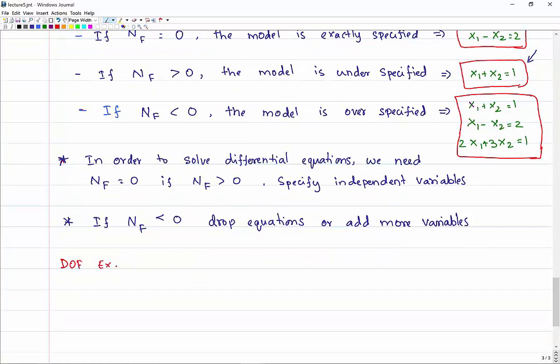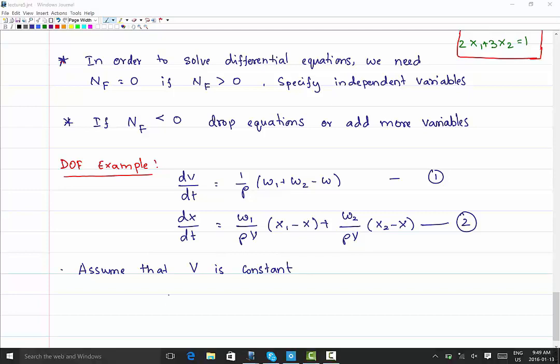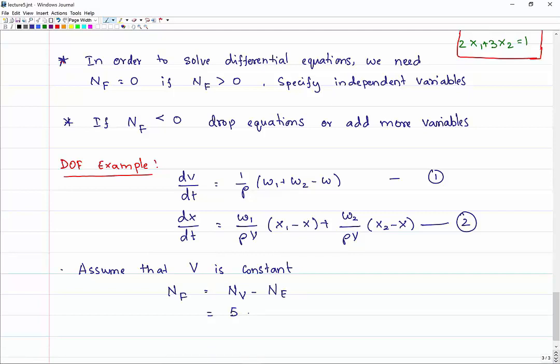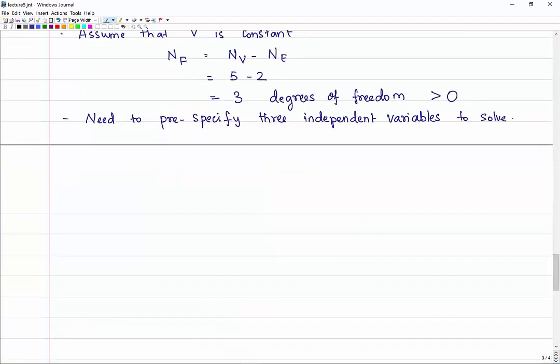So let's go back to the blending tank example and find the degrees of freedom we have. Let's assume that the volume V is constant. Then the number of degrees of freedom, NF, is equal to NV minus NE, which is equal to 5 minus 2, and therefore we have 3 degrees of freedom, which obviously is greater than 0. What that means is, in order to solve the differential equations defining the blending process, we need to pre-specify at least 3 independent variables.